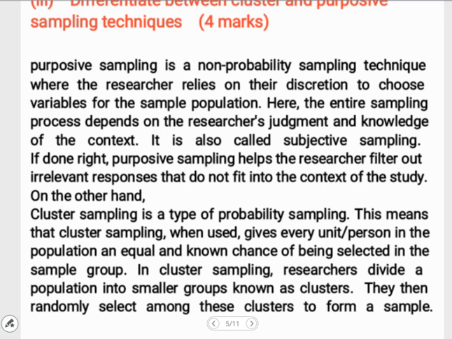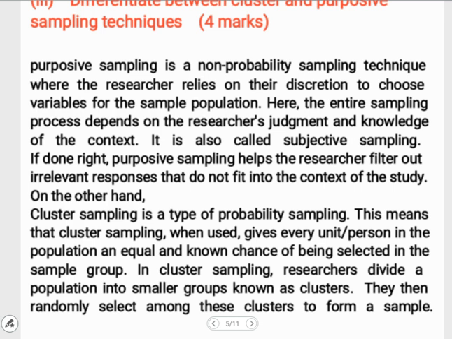They then randomly select among these clusters to form a sample. So the groups into which the data are divided are the clusters, and the act of selecting from these clusters, or randomly selecting from these clusters, is what is known as sampling.